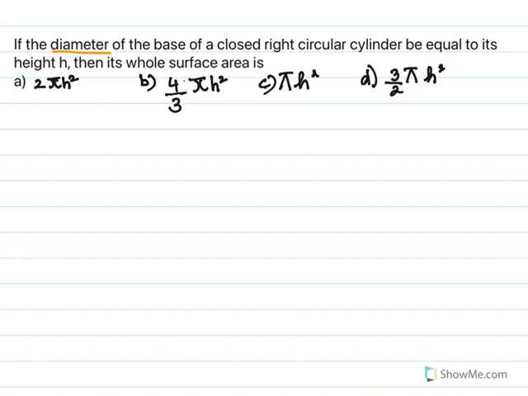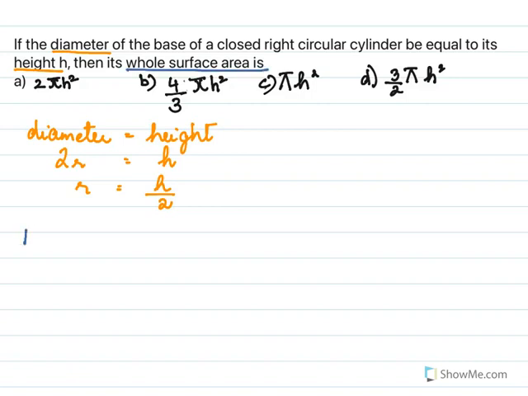If the diameter of the base of a cylinder is equal to its height, so diameter equal to height. We have diameter is 2r, 2 radius, and h is height. So we have r equal to h over 2. Here we need to find the whole surface area, the TSA. TSA of cylinder equal to 2 pi r times (r plus h).